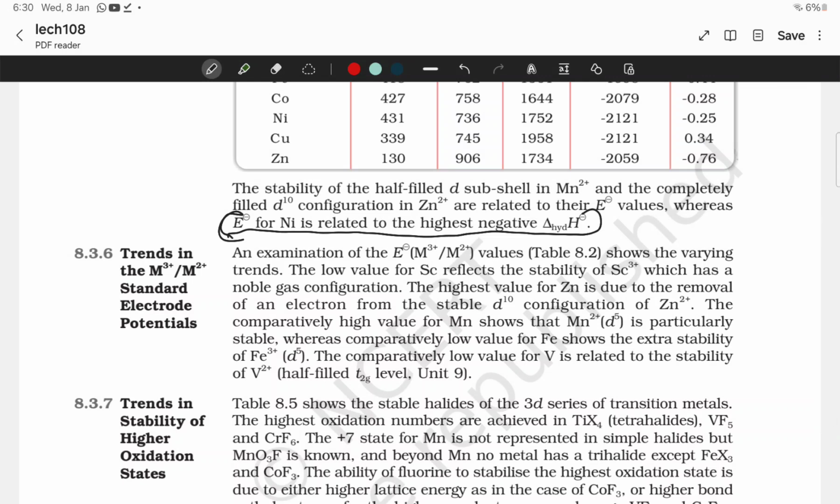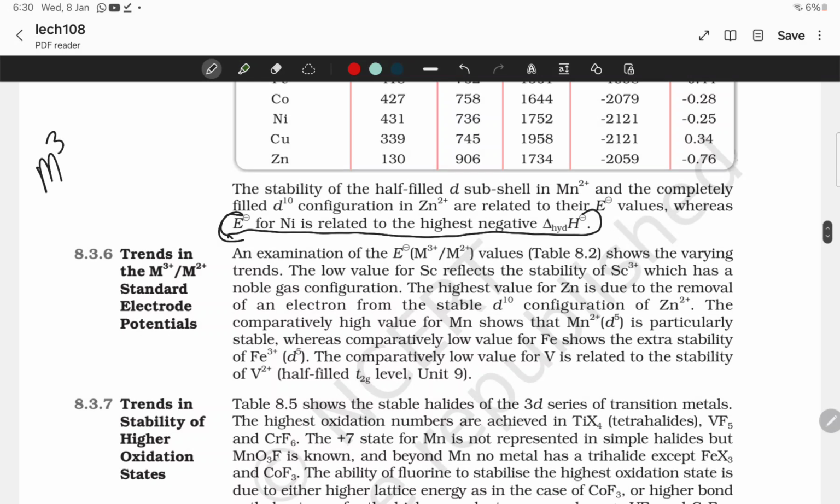Now the trend in the M3 plus to M2 plus standard electrode potential. Look, M3 plus to M2 plus. We will only look at manganese. For manganese, M3 plus means destroying its half-filled subshell. M2 plus means half-filled, which is stable. Yes, M2 plus is stable.